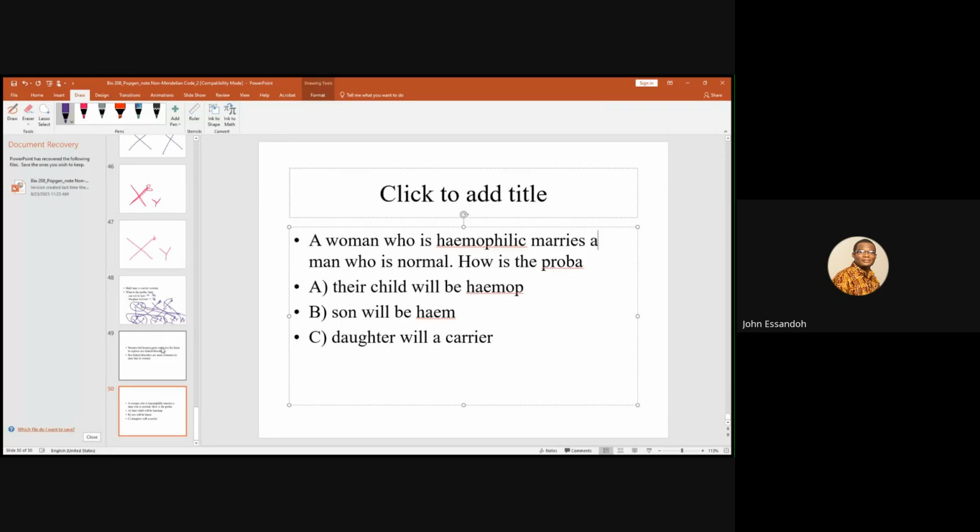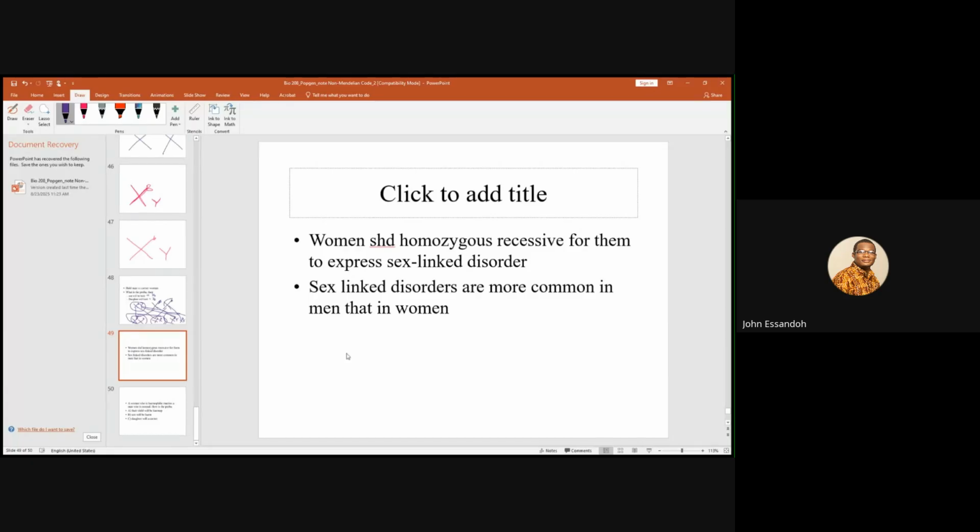So in this case, the woman is not a carrier. The woman is hemophilic. It means that the genotype of the woman is this. The woman has it, so it has small h. If it's a carrier, it means capital H, one normal, one hemophilia.